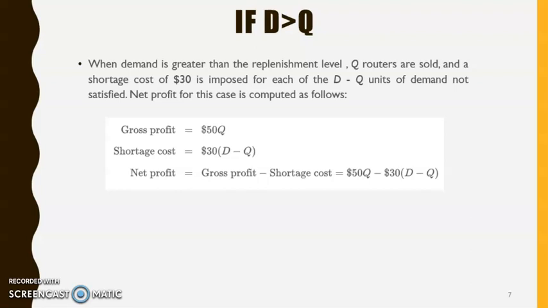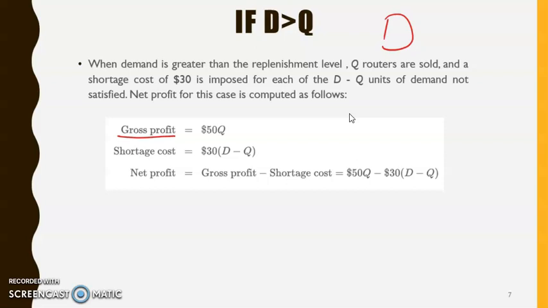So at the end of the period, the level of inventory would be zero because you will give away all the inventory that you have, and you are going to lose the coming demands. So you are not going to pay anything for inventory holding because your inventory is zero, but you are going to pay shortage cost. Since demand is greater than Q, demand is not a factor to determine the gross profit.